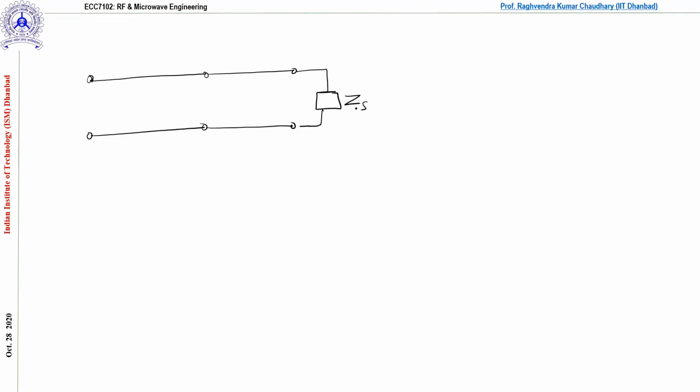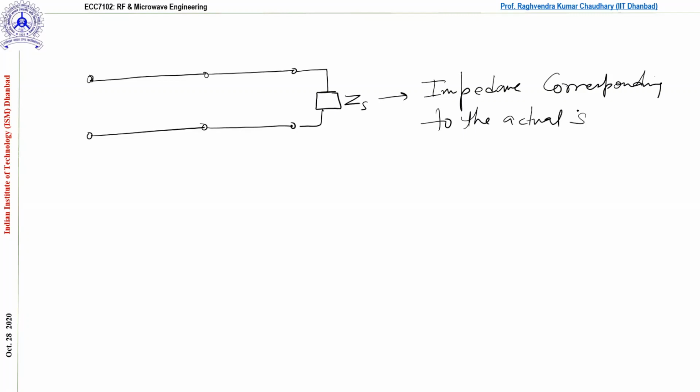This ZS is the impedance corresponding to the actual short circuit.